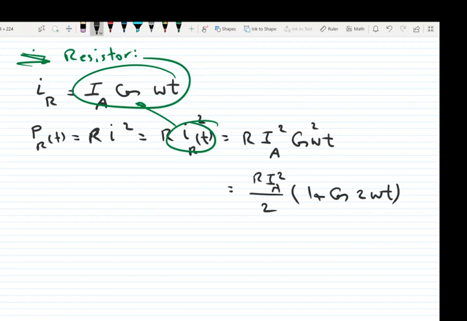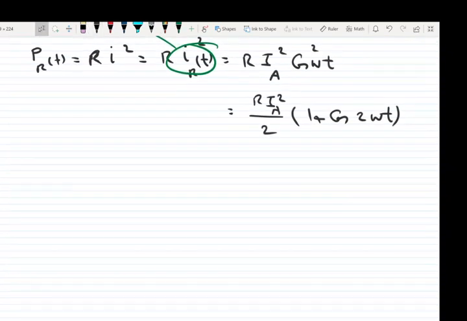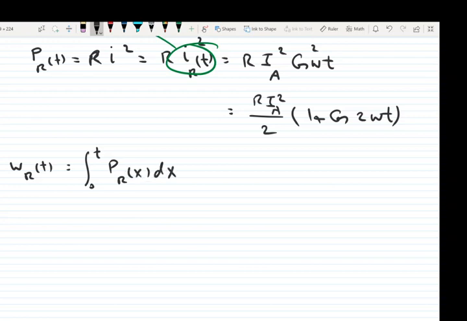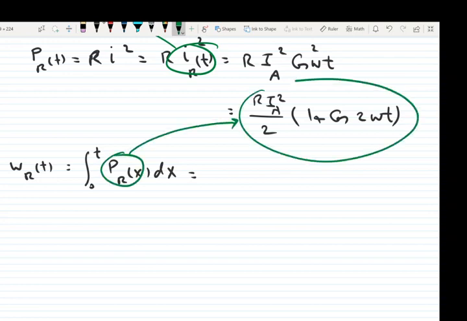What is the energy delivered to a resistor? We know that the energy is the integral of the power. So we can say the energy delivered to a resistor is equal to the integral from 0 to t of P_R(x) dx. Instead of P(x), we replace it with this value.